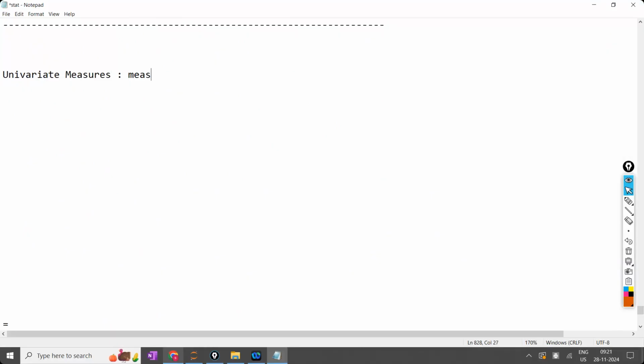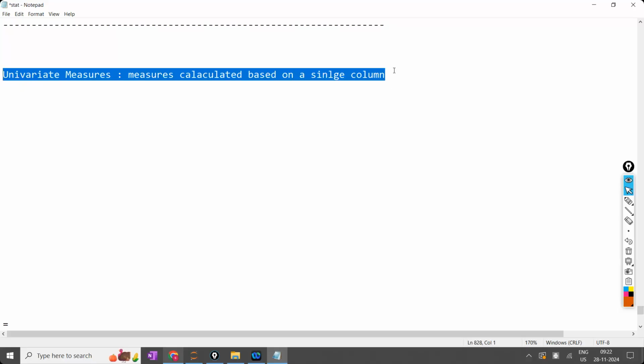The measures you calculate on a single variable, on a single column. Measures calculated based on a single column are called univariate measures.